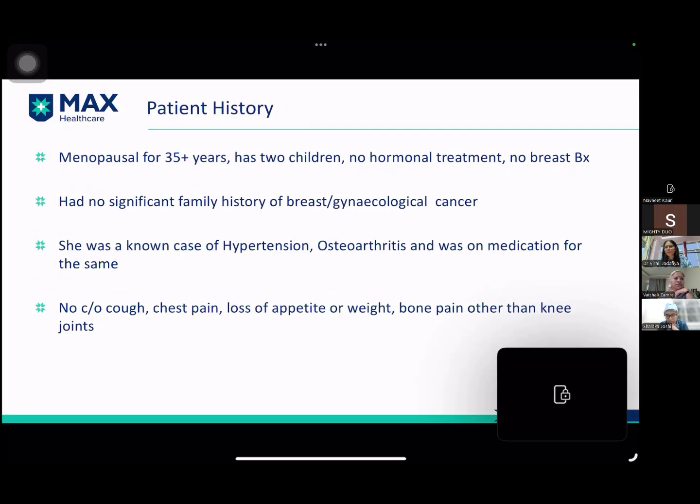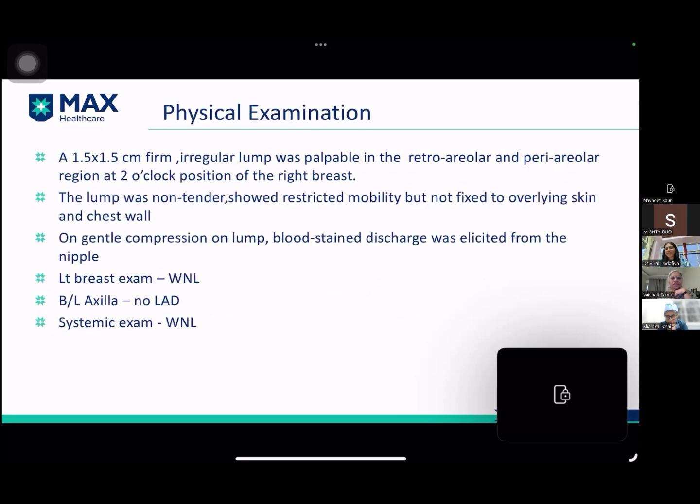She is a known case of hypertension and osteoarthritis and was on medication for the same. Systemically, she had no complaint of cough, chest pain, loss of appetite or weight, or bone pain other than the knee joint pain. On her physical examination, a 1.5 by 1.5 centimeter firm irregular lump was palpable in the retroareolar and periareolar region at the 2 o'clock position of the right breast.